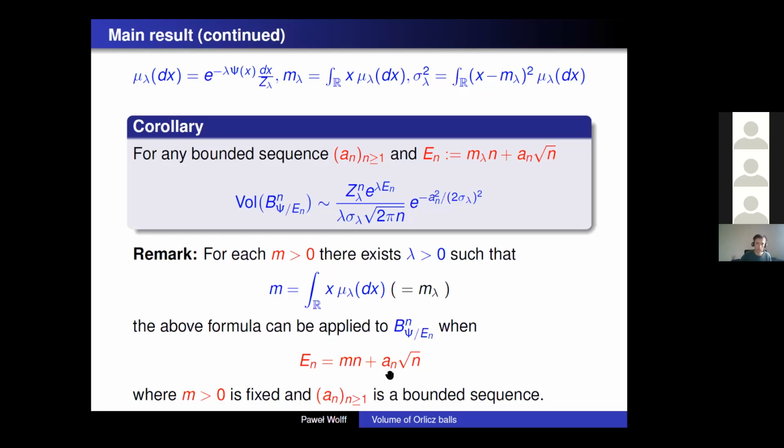And then you can move freely within a window of the size square root of n, where a_n is a bounded sequence. And then you have the approximate formula for the volume, which is like this. And you have to solve for lambda, which involves something like an implicit equation.